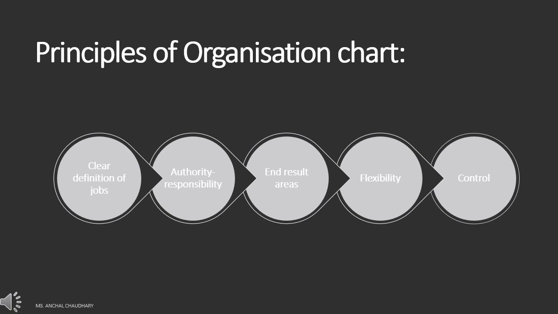It should be flexible, capable enough to make any changes according to the environment. Next is your control. By dividing the overall task into smaller units, these charts provide a yardstick of performance, which will help us in measuring the actual performance in the end. So that will help us in controlling that.